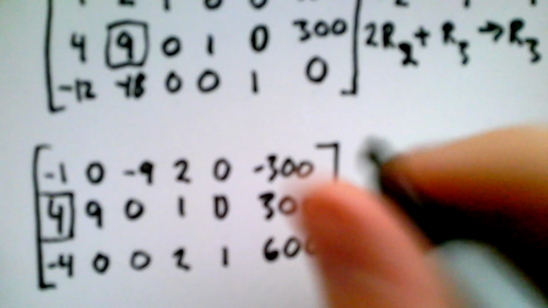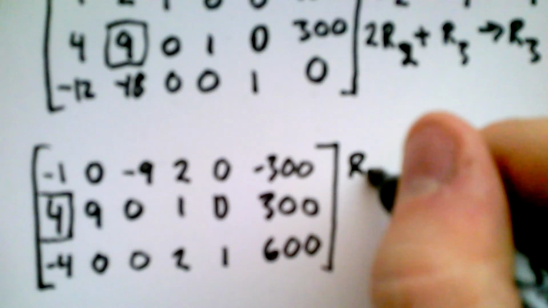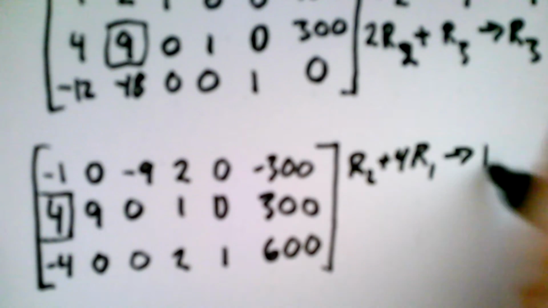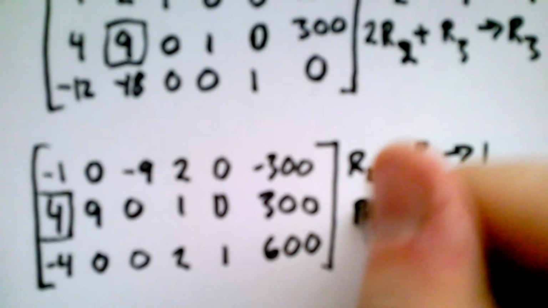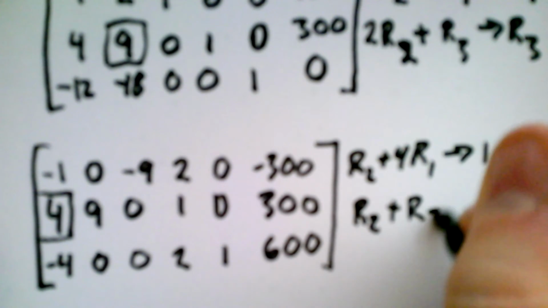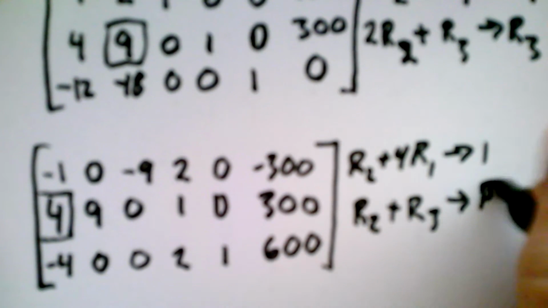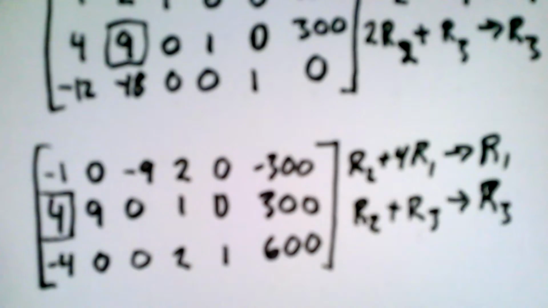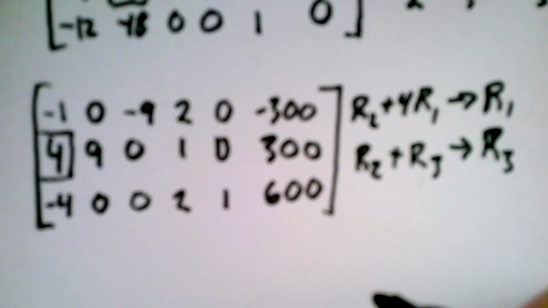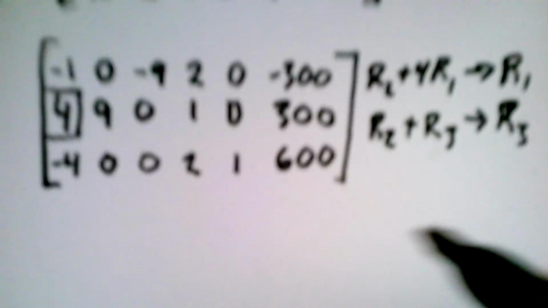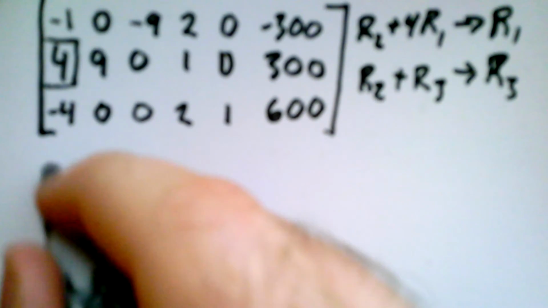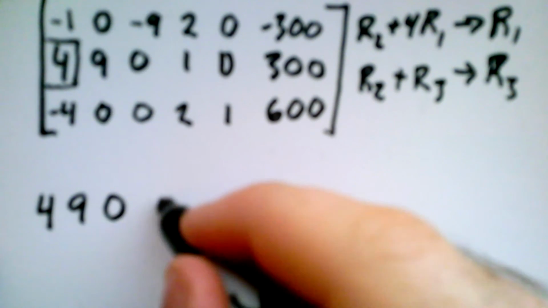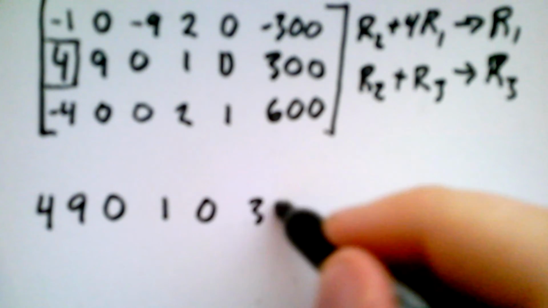I decide, well, R2 plus 4R1 goes to R1 will work, and R2 plus R3 going to R3 will work as well. That'll get rid of the negative 1 and the negative 4. So now we move on. Our second row does not change. 4, 9, 0, 1, 0, 300.